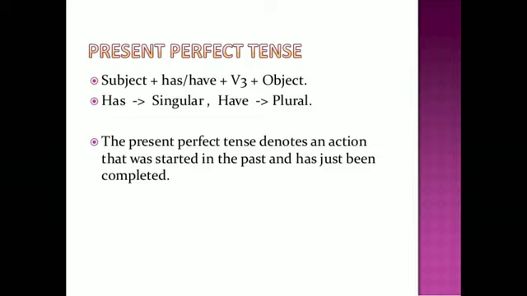denotes an action that was started in the past and has just been completed. So it expresses an action begun in the past time and completed at the present time. It is thus a sort of link between the past and the present. We are not interested in the time when the action took place, but in the present.